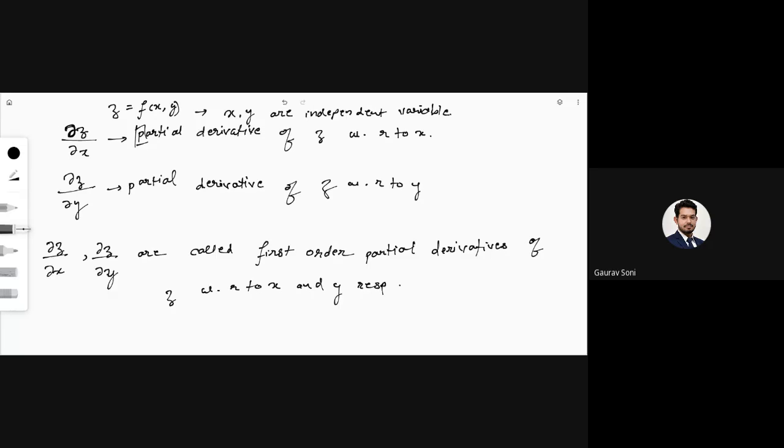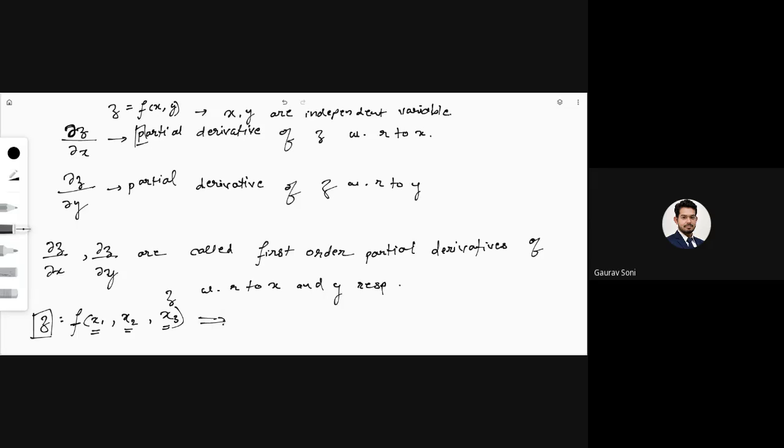There is nothing special about z equal to f of x comma y. The same thing I can do as z equal to a function of x1, x2, x3. In this case, my independent variables are x1, x2, x3, and there is one dependent variable z which depends on x1, x2, and x3.